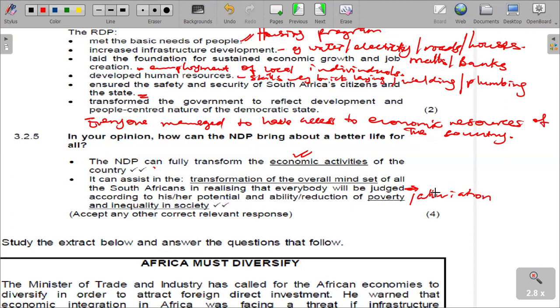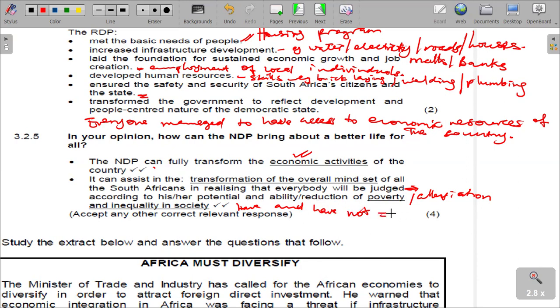which we are saying is poverty alleviation, which is also one good advantage in that regard, and then also reduction of inequalities, to say the haves and have-nots have equal access to resources.